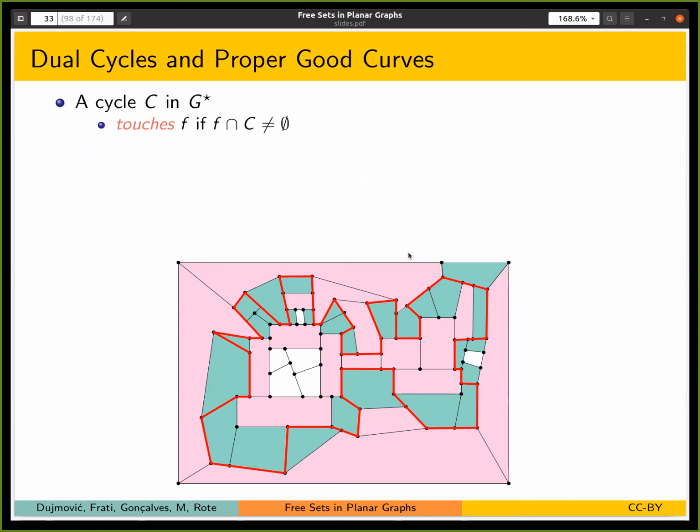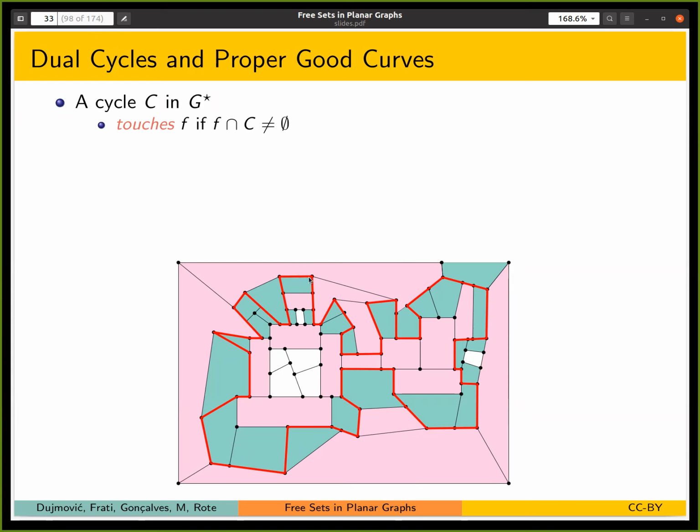So now we're dropping the triangulation. We're going to forget about it. We're just going to look at the dual graph, which is a three regular, three connected planar graph. And that thing has faces. You can forget that they happen to correspond to vertices in the original graph. And we have a cycle in that graph.